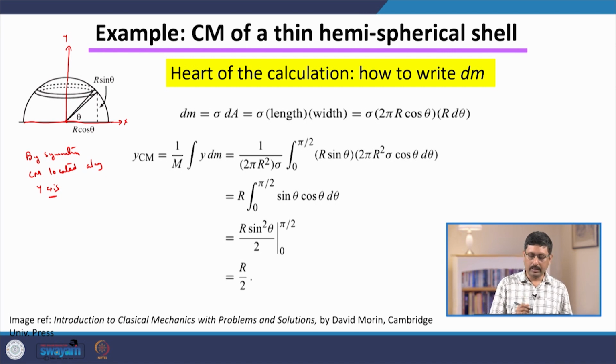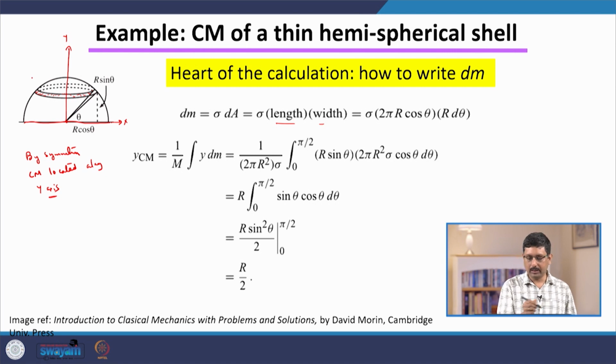So, for that let us consider a ring as shown here. This ring makes an angle theta with the x axis. This is the elevation of the ring, and it has an area which is given by the length times width.